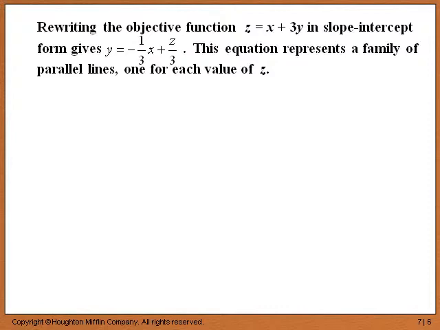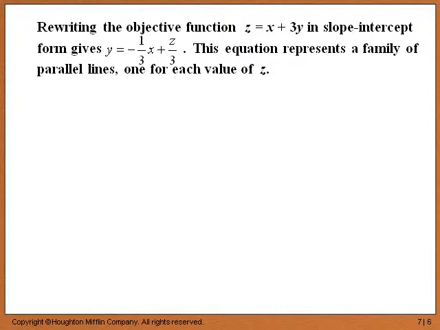So we can rewrite the objective function z equals x plus 3y, the one that we just saw, in slope-intercept form, and we'll get y equals negative 1/3 x plus z over 3. Slope-intercept form is just y equals mx plus b form.